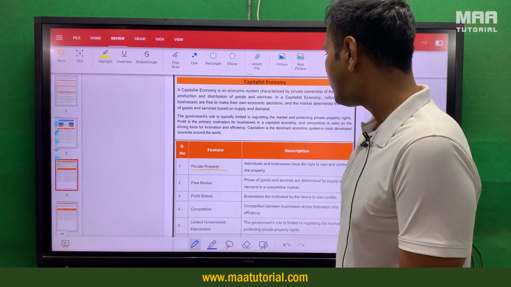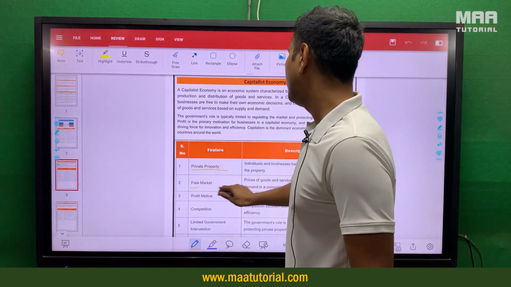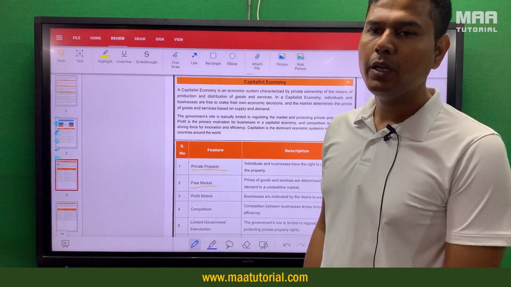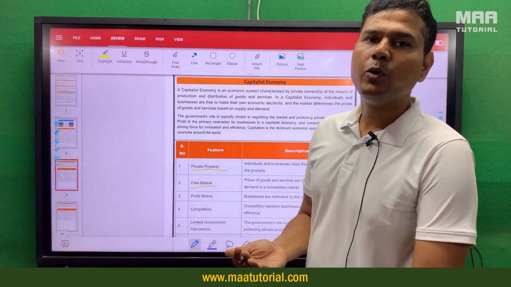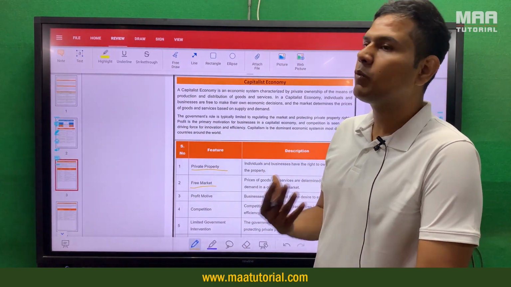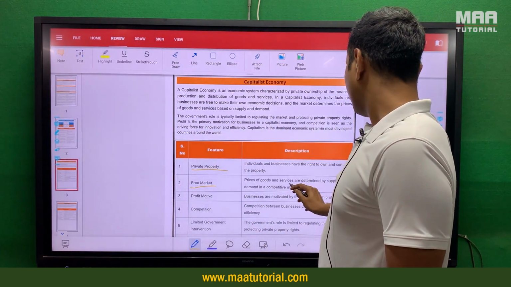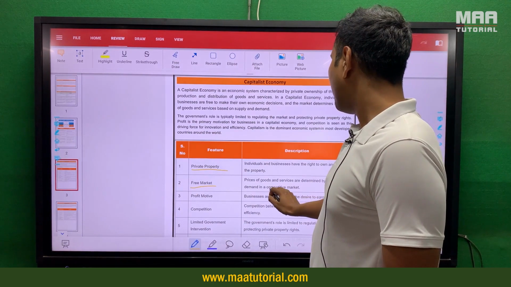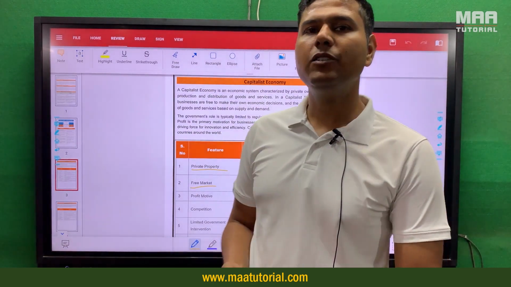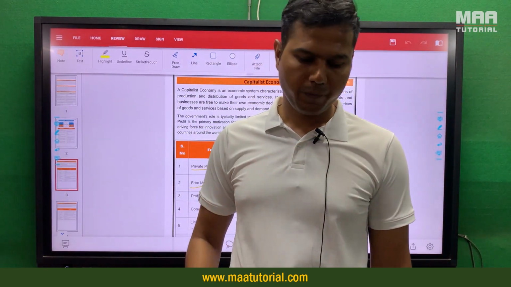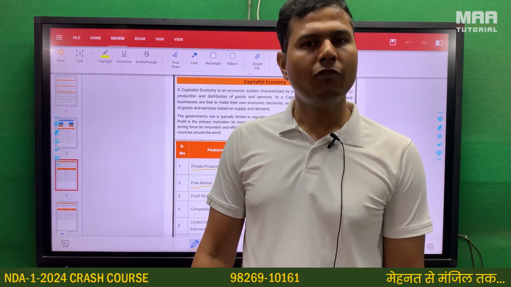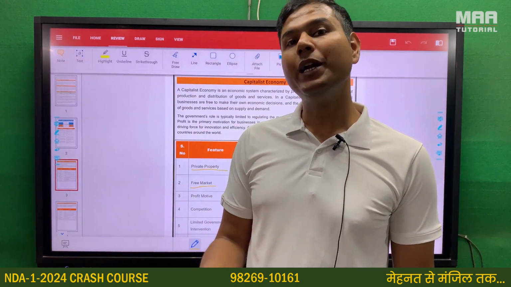Right? Free market. Free market is when what would be produced, how much it would be produced, what would be consumed is dependent upon the market. The market determines what. Let's say I am a businessman, so I intend to make profit, right? But how would I make profit?